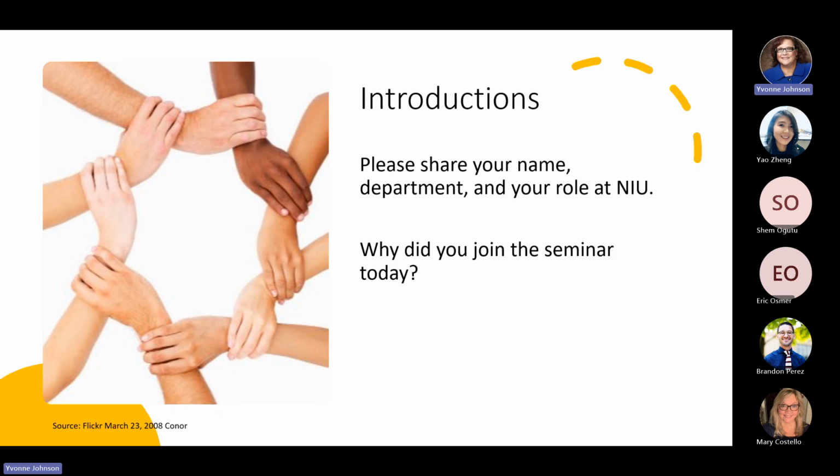Looking at the registration list for today, we have people from a variety of different disciplines, departments, and colleges across campus. That provides a rich foundation for constructing knowledge, sharing experience, and learning with and from each other. So thank you all for joining us today.